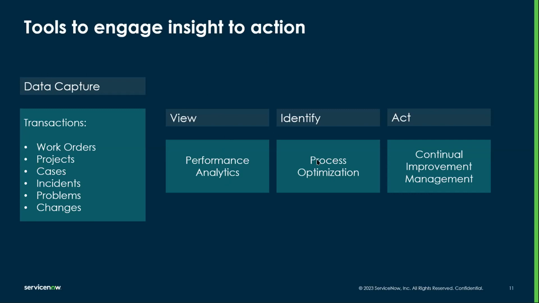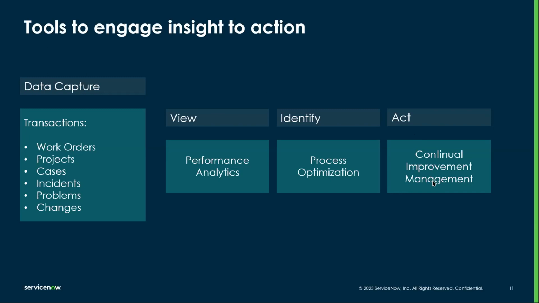And then with process optimization, we can go in and we can identify where those bottlenecks are. We can get into that root cause analysis, find out the underpinnings, the underlying issues, and then act by deploying the appropriate corrective and preventive actions.